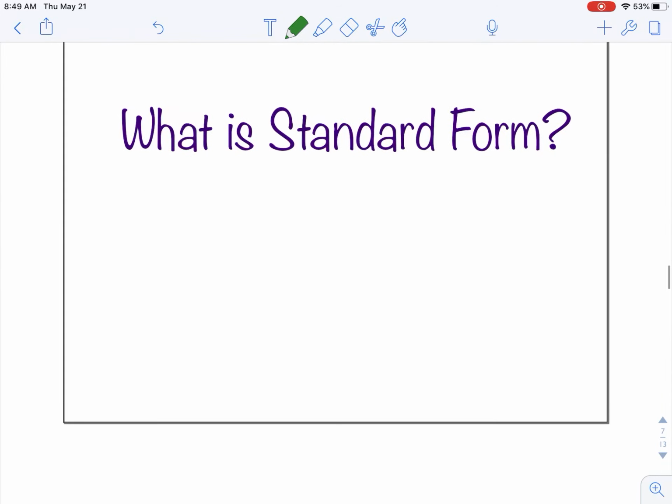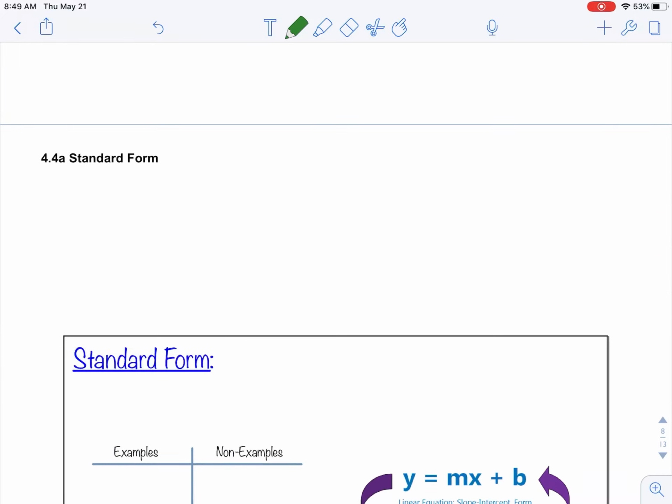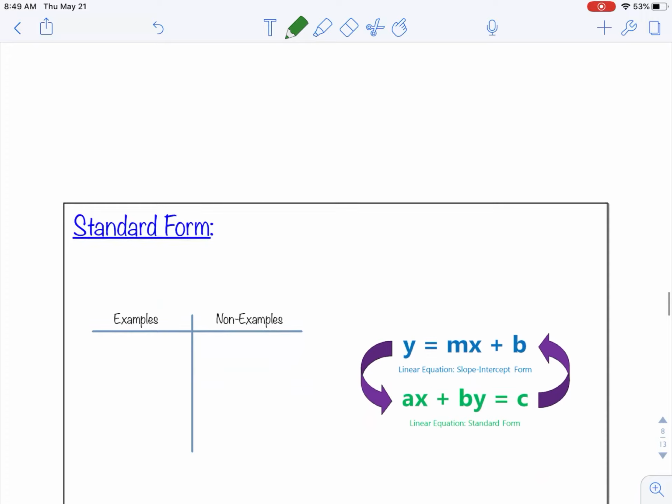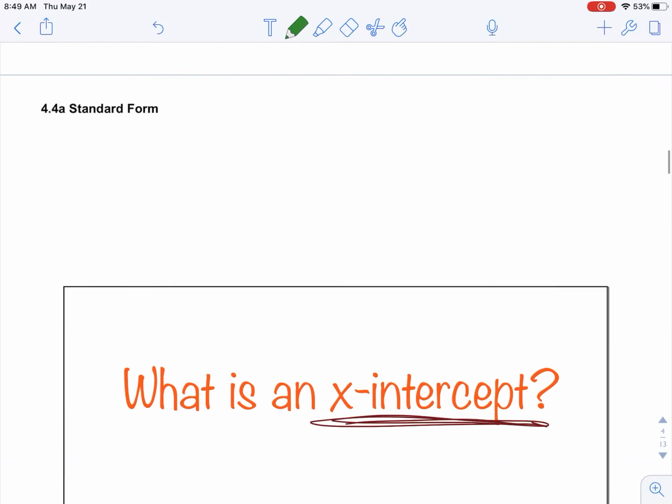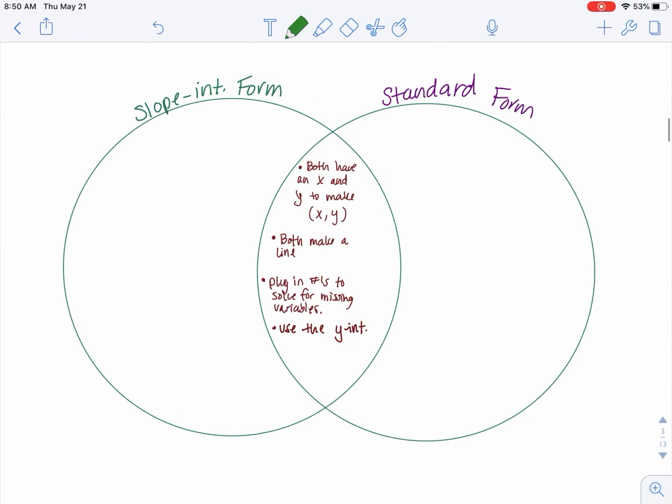So, what is standard form? Well, I'm going to tell you right now. We know that when we look at slope-intercept form, which we're going to put up actually here in our Venn diagram, when we have slope-intercept form, just by looking, we can see the slope, which is our m, and y-intercept, which is our b.